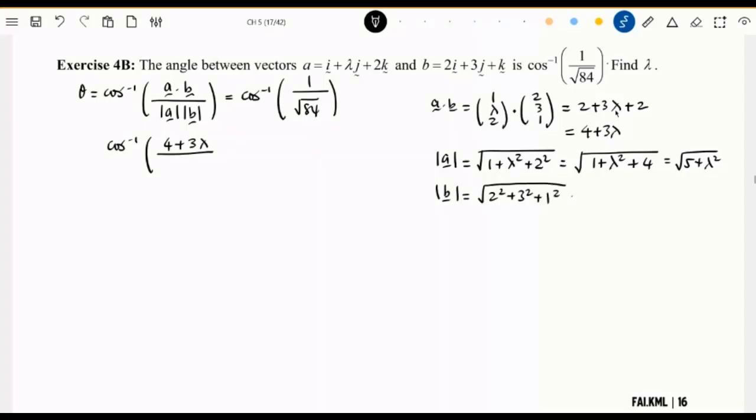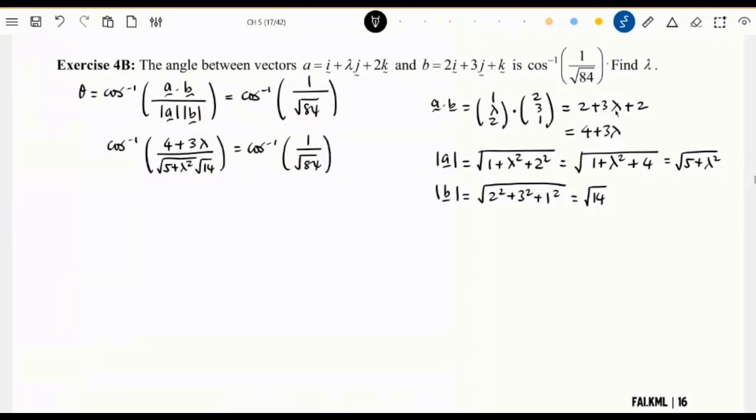Okay, kita dapat berapa ni? Square root of 14. Okay. So we have square root 5 plus alpha square, square root 14. So kita akan compare dengan inverse cos of 1 over square root 84.